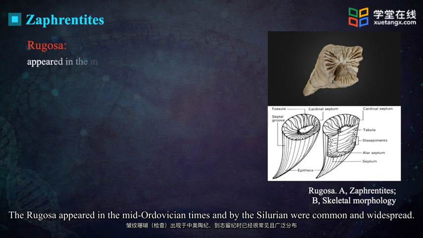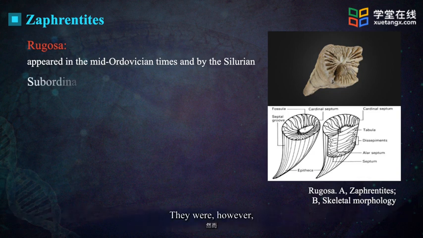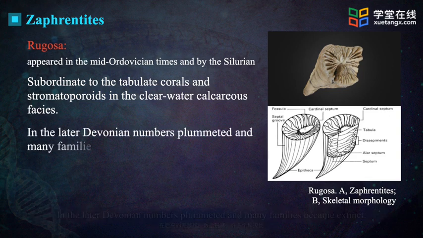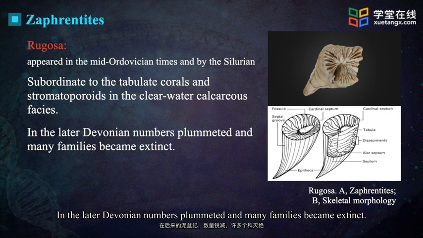The rugosa appeared in the mid-Ordovician times, and by the Silurian were common and widespread. They were, however, subordinate to the tabulate corals and stromatoporoids in the clear water calcareous phases. In the later Devonian numbers plummeted, and many families became extinct.